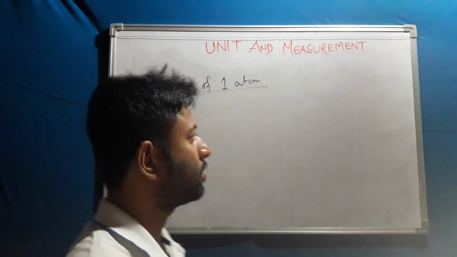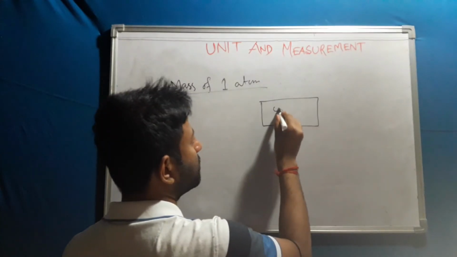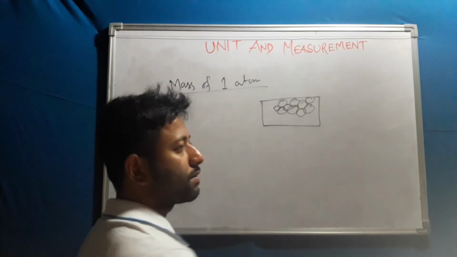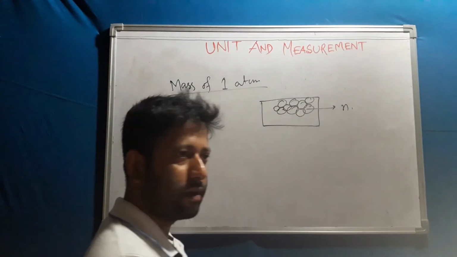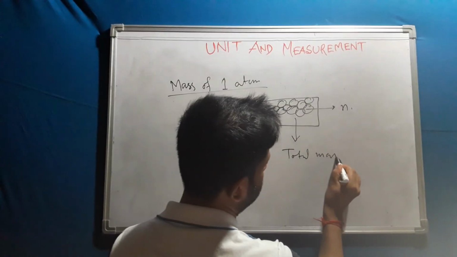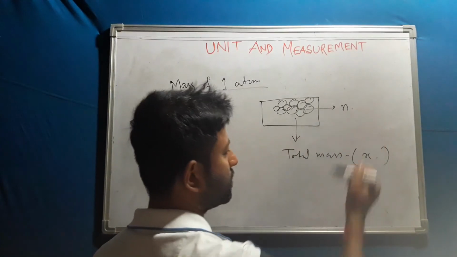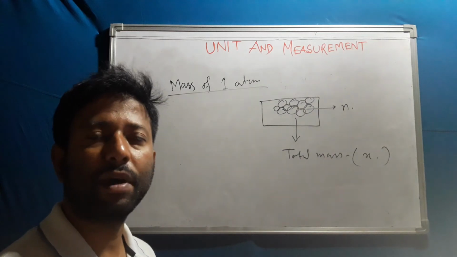So in that condition, what we do, we take a particular amount of atoms. Then I can consider there is n number of atoms. Then I will calculate total mass, suppose this is x. When I divide this by n, that will come to the mass of one atom.